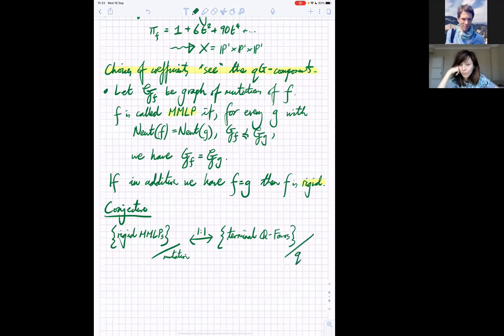These are up to QG. And also, when this is the case, then we expect that the classical period agrees with the quantum period. So these are the mirrors. Okay.